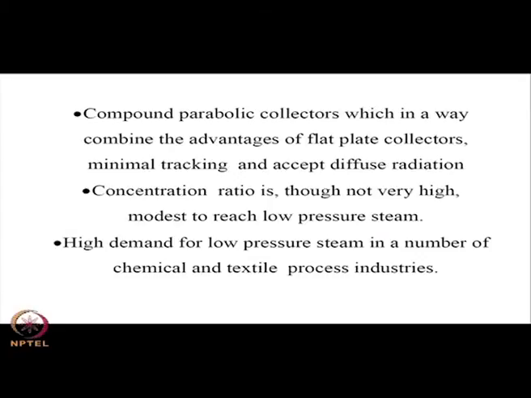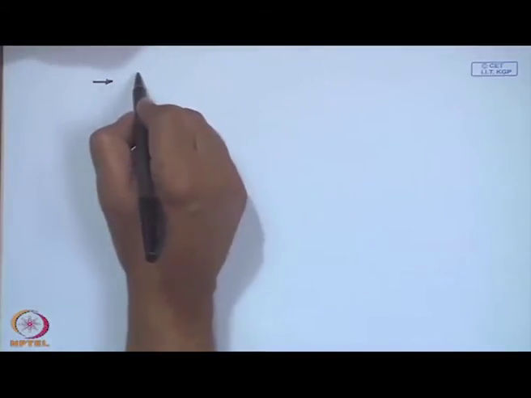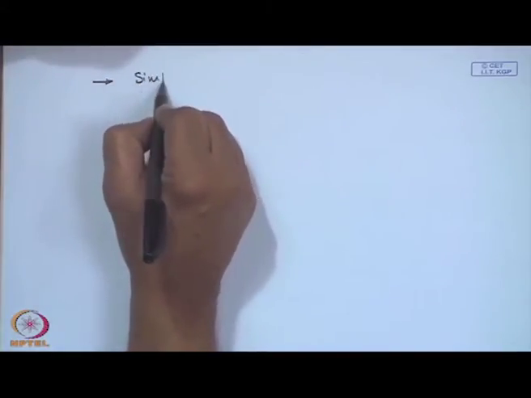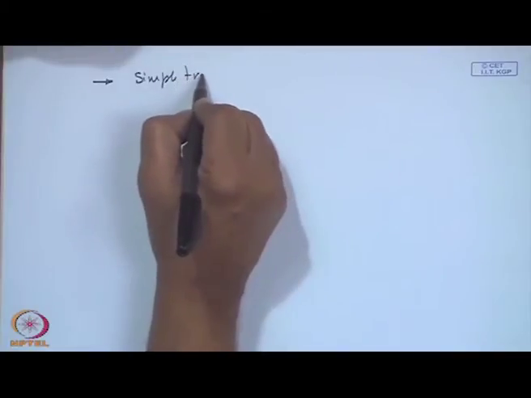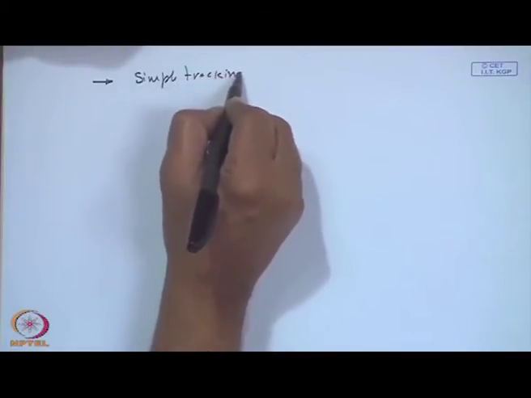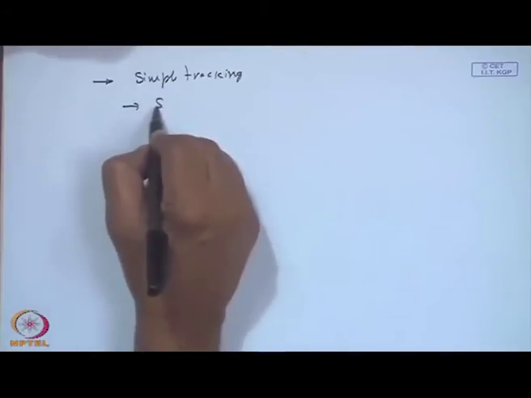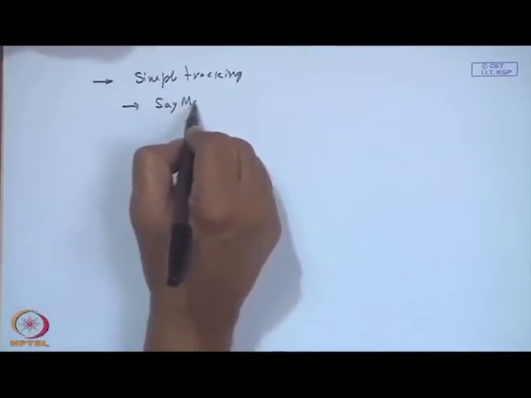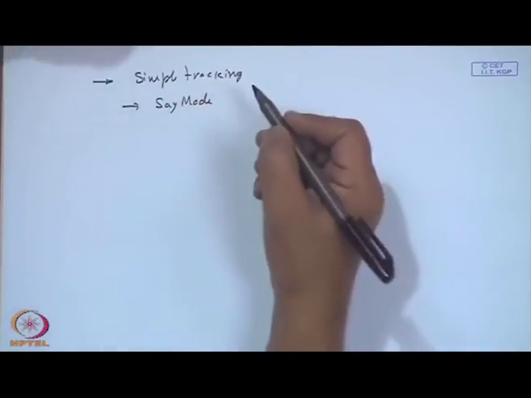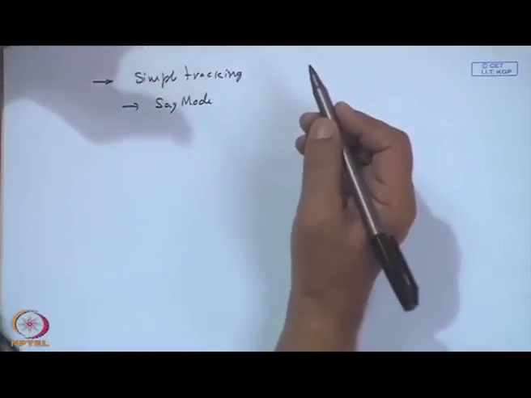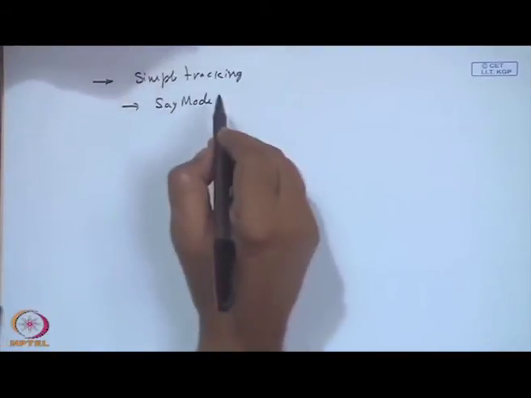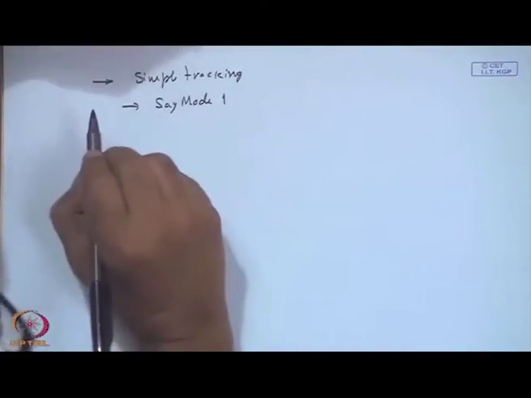Now, this has got, let us say, advantages: simple tracking, say mode 1, what we have considered as east west horizontal axis with one single daily adjustment. Okay.